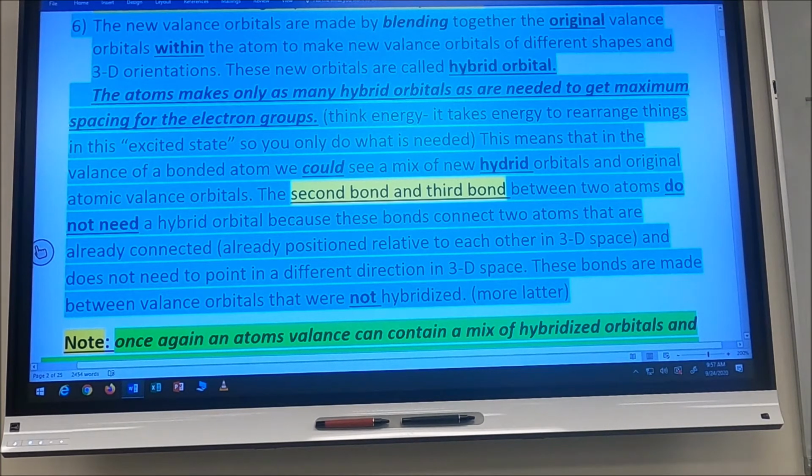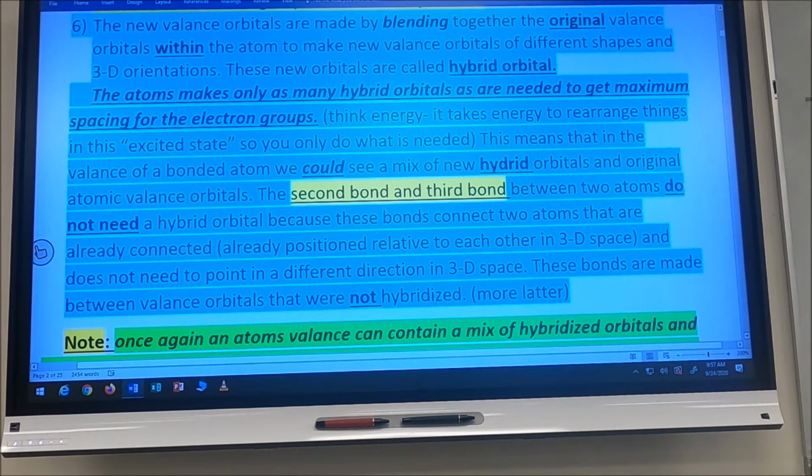What this means is that the valence of an atom could have a mixture of hybrid orbitals and original atomic orbitals. Turns out that the second bond and third bond between 2 atoms do not need hybrid orbitals, because remember, they don't have their own unique orientation in 3D space. The second bond between 2 atoms has to be parallel to the first bond between two atoms.